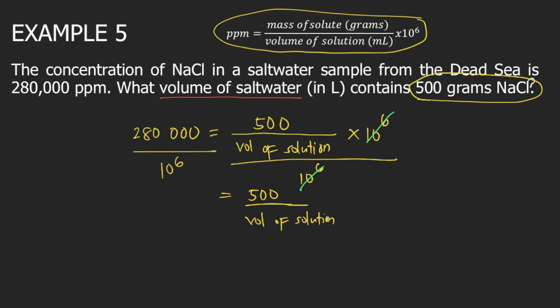And on the left side, you have 280,000 divided by 10 to the 6. That is equal to 0.28. Next, you multiply both sides of the equation by volume of solution.